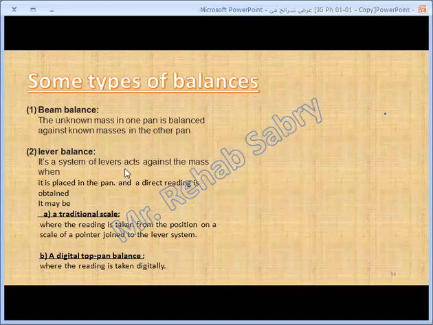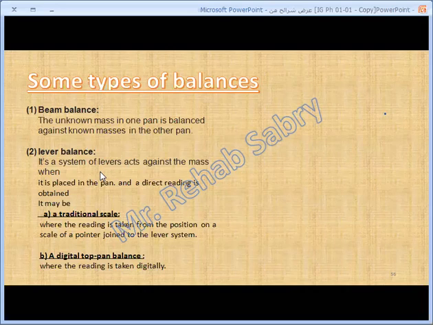They act against the mass that we want to measure, and without more details, those are out of our syllabus, they give us the final reading of the mass either on a scale by a pointer that moves in front of a scale, or on a screen as a digital reading. This is the lever balance.